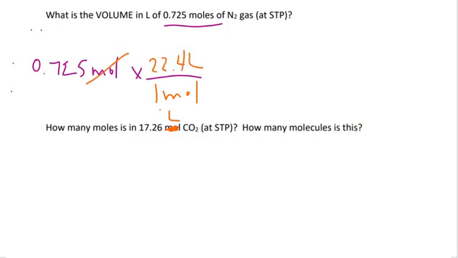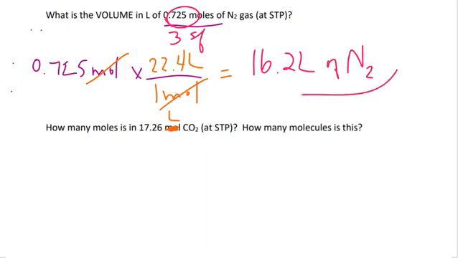And I need to make sure that moles and moles are diagonal from one another so that they cancel out. So now we just need to plug it into my calculator and do 0.725 times 22.4. Look, I have 3 sig figs here, so I need to have 3 sig figs for my answer. So I should get 16.2 liters of N2 gas.